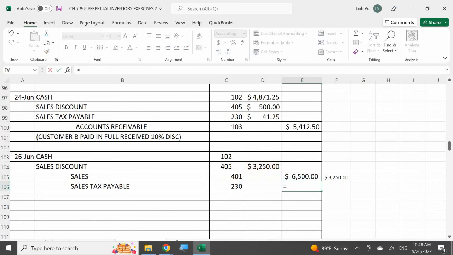So how much sales tax am I going to be collecting off of that $3,250? $268.13. Good.